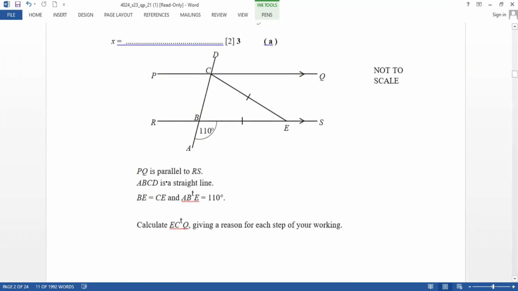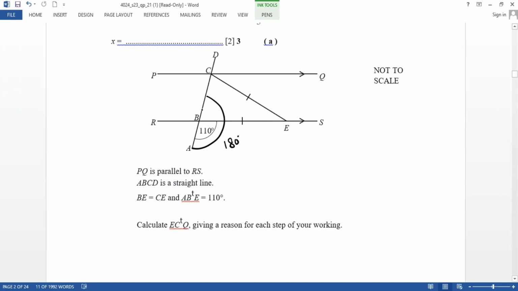PQ is parallel to RS, ABCD is a straight line, BE is equal to CE, and ABE angle is 110. So we know that this is a straight line angle, and a straight line angle is 180.